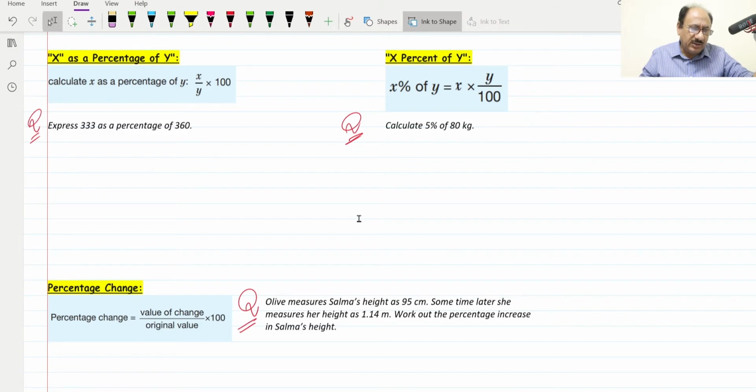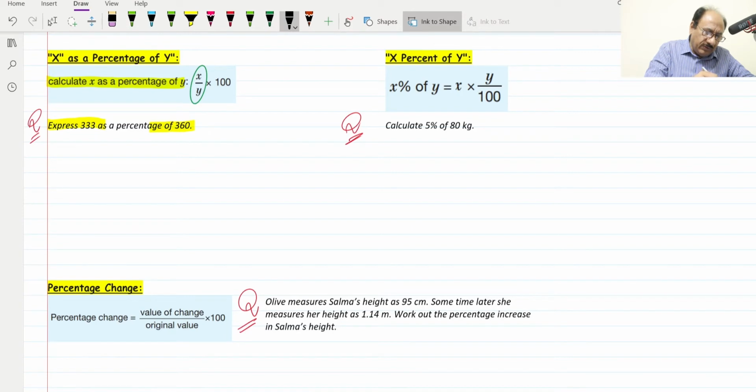Now x as a percentage of y. To calculate x as a percentage of y, we write x over y and multiply by 100. For example, over here they're saying express 333 as a percentage of 360.